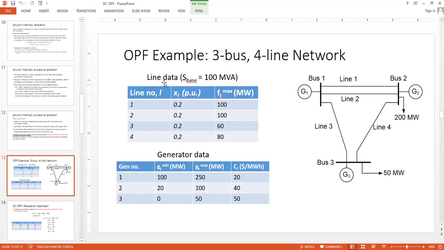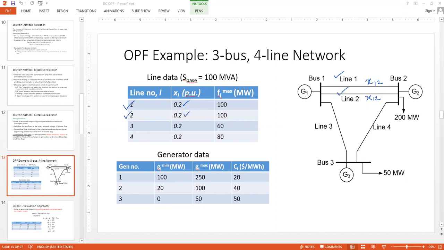So now let's have a look at the data given. So the line data and the generator data are the data set that will be given to you. For the line data, like in conventional AC load flow, we need to specify the base power. In this case, the base power is the apparent power, 100 MVA. And the line numbers are given sequentially in the first column. XL is the line reactance, small x for the line. So you can say this is X12. This is line number 1. Then again X12, this is line number 2.